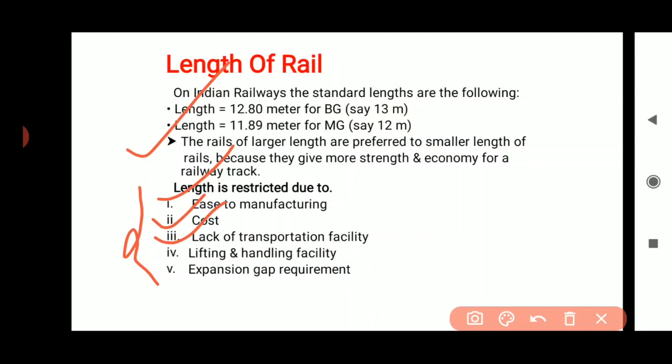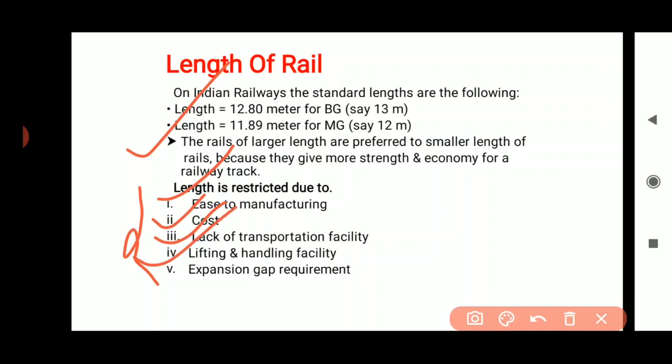Only those lengths of rail are possible which can be transported by the longest wagons available on the railway. So the length of rail depends upon the length of the wagon. The next is lifting and handling facility.